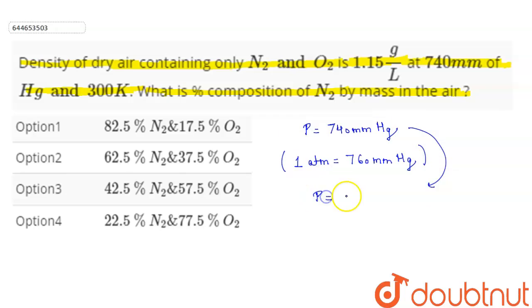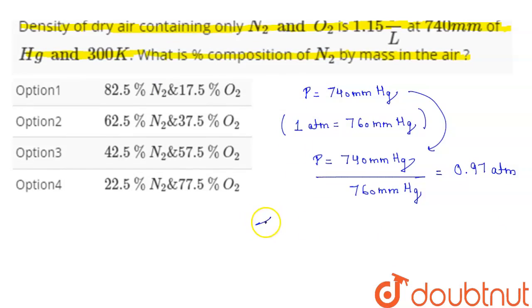P is equal to 740 mm of Hg divided by 760 mm of Hg, and after solving this we get 0.97 atmosphere. We are also given the temperature, which is already in Kelvin, that is 300 Kelvin.